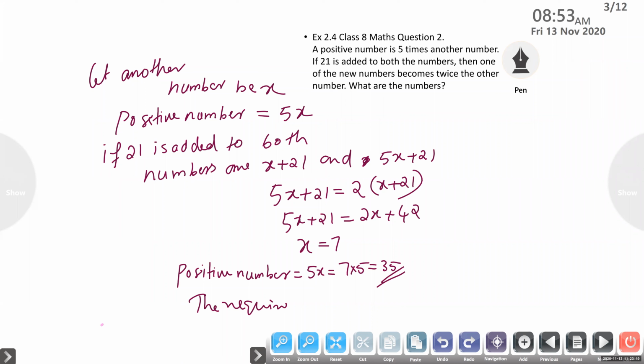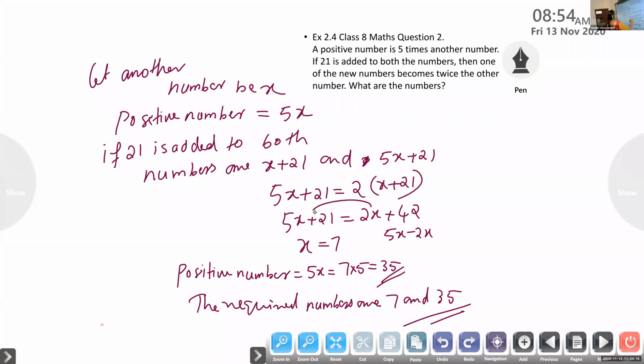So here we have to take 5x plus 2x equal to 21 plus 42? Not 21 plus 42. 5x minus 2x, we transpose 2x to this side.